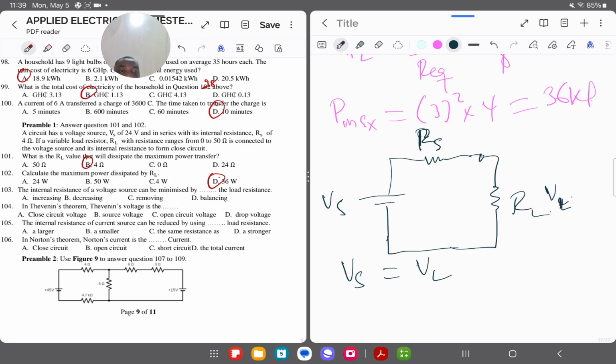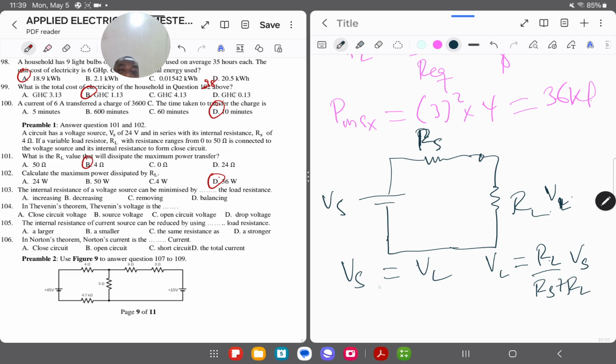So you have to get the voltage across the load resistor here. Here I'll be using the voltage division rule because Rs and RL here are in series. So VL is going to be equal to its own resistor, which is RL, over the sum of resistors in series, Rs plus RL, times the voltage, which is Vs.